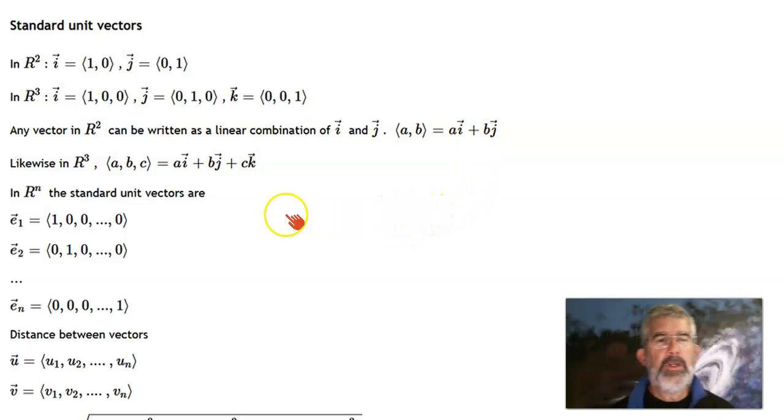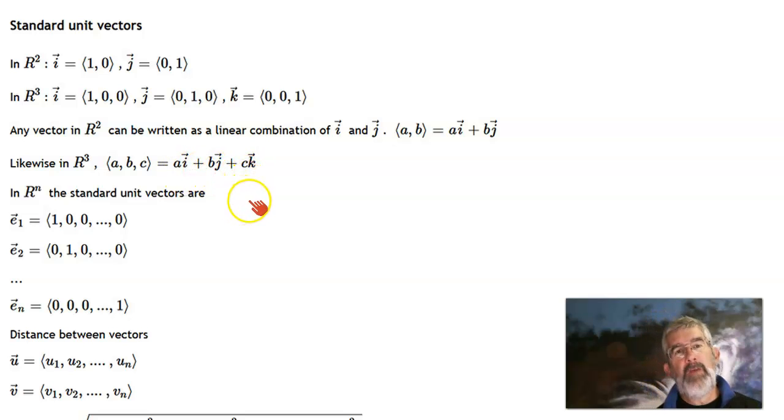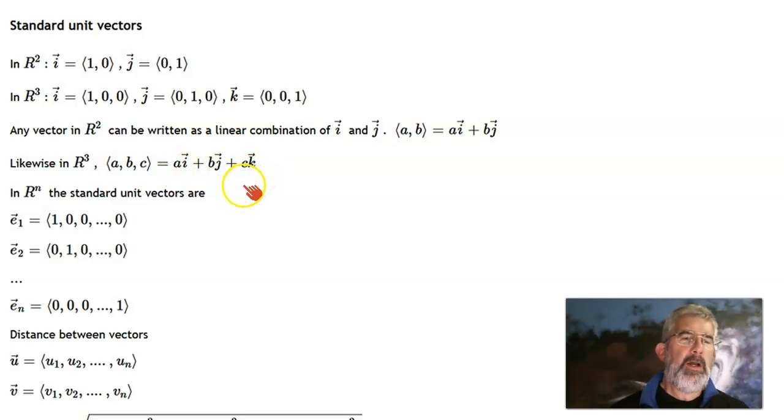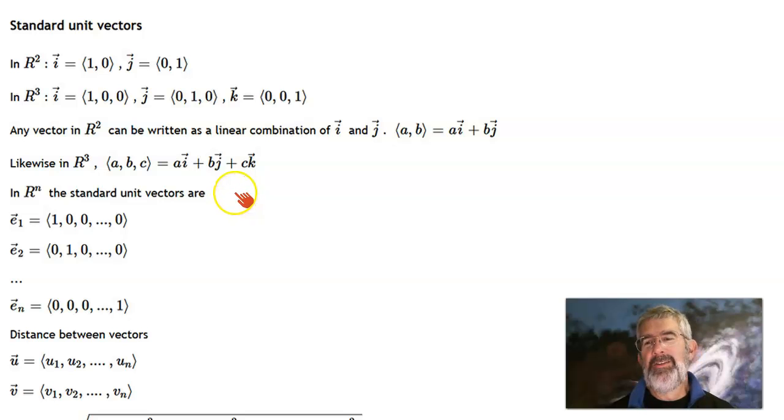In R3, any vector can be written as a linear combination of i, j, and k. And in fact, any engineers who happen to be in this class, you may have done some stuff with vectors in some engineering classes, and engineers typically write their vectors in terms that look like this, as combinations of i, j, and k. I'm not an engineer, I'm a mathematician.